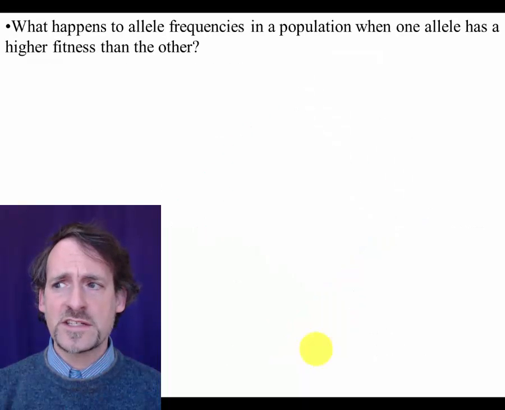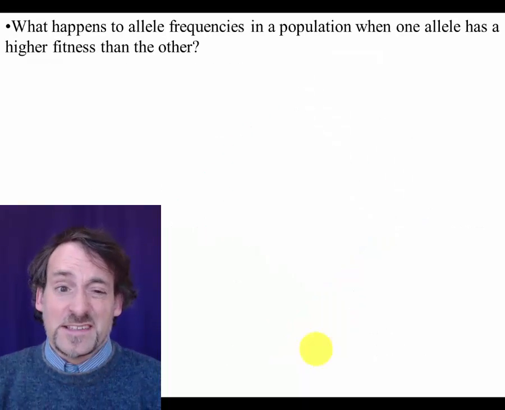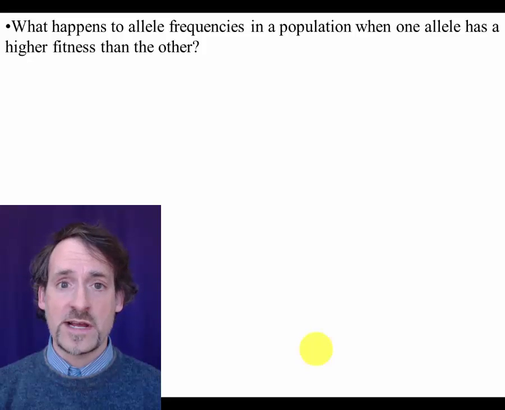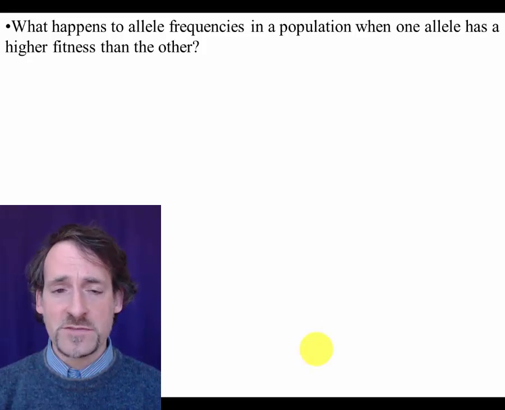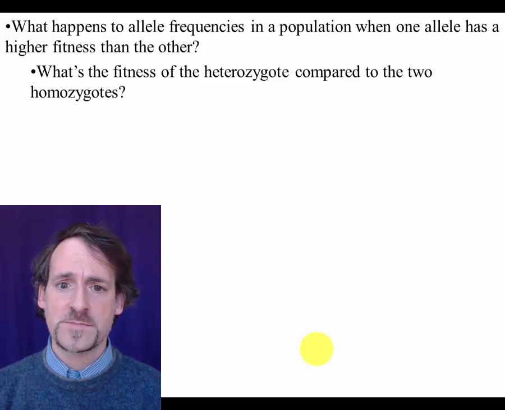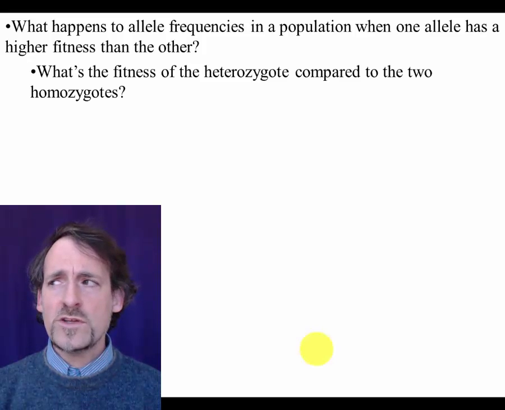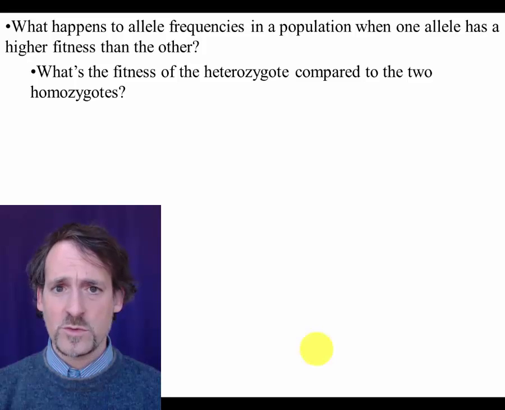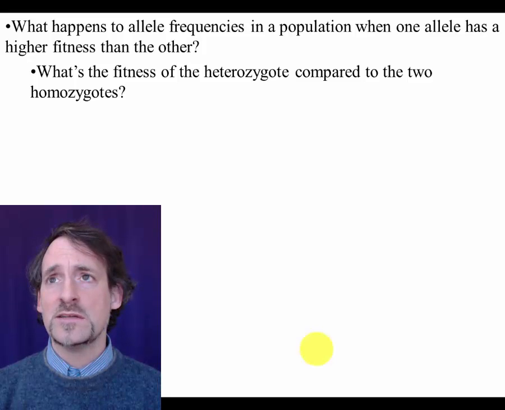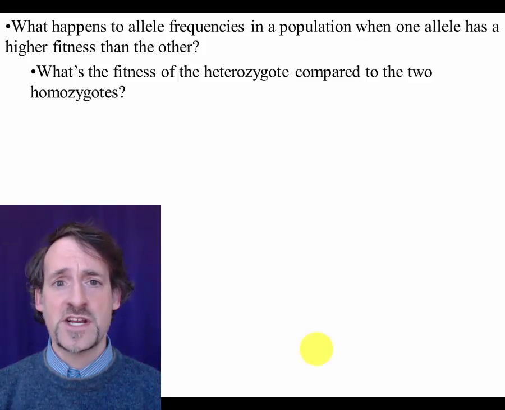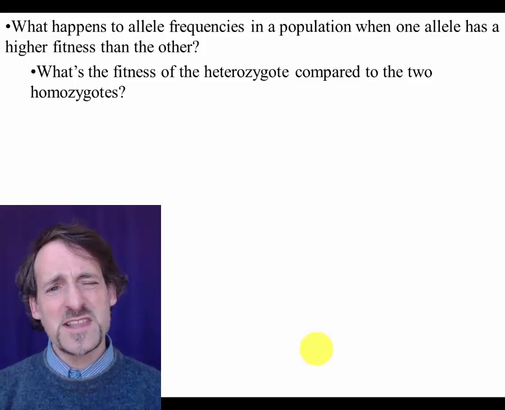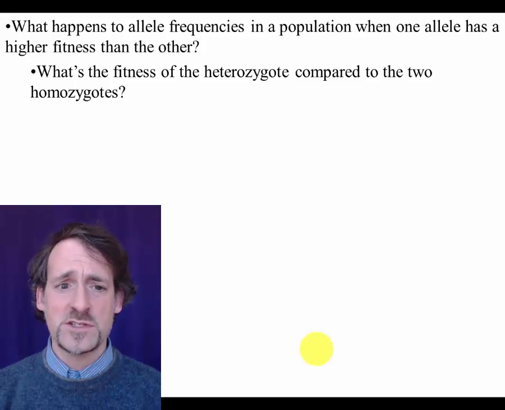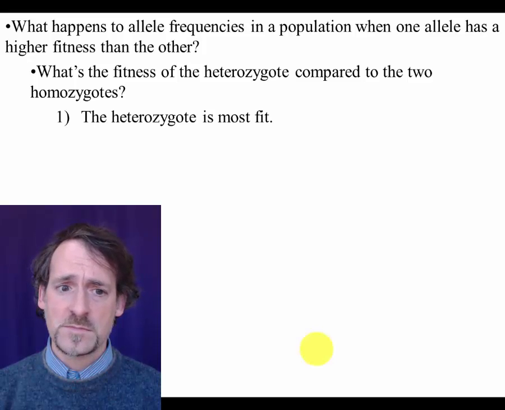So natural selection is only really acting when one allele, on average, has a higher fitness than the other, when different genotypes have different fitnesses. And what you want to focus on when you're worried about how natural selection is changing allele frequencies in a population is the fitness of the heterozygote compared to the two homozygotes.